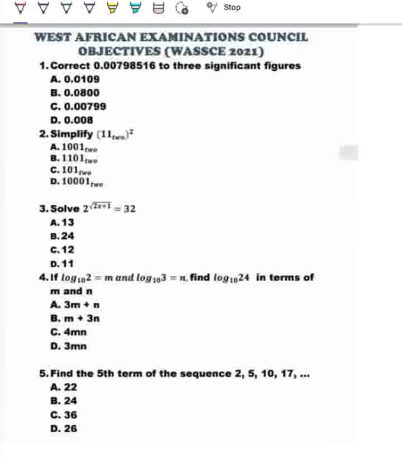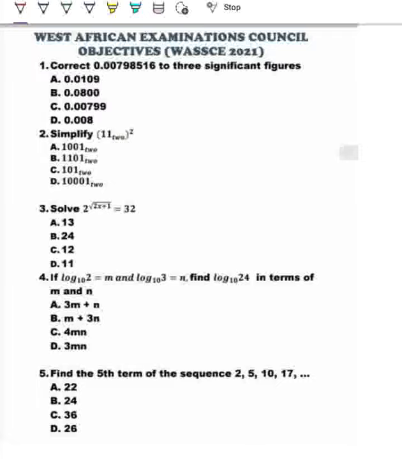Alright, question number 1 is on significant figures. We are expected to correct 0.00798516 to 3 significant figures. Based on our discussion on significant figures, the first significant figure is the first non-zero digit in any given figure.